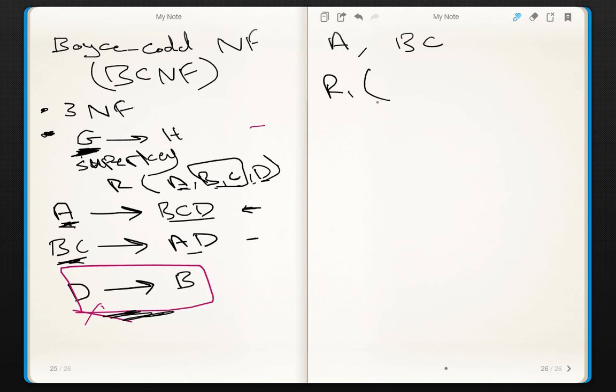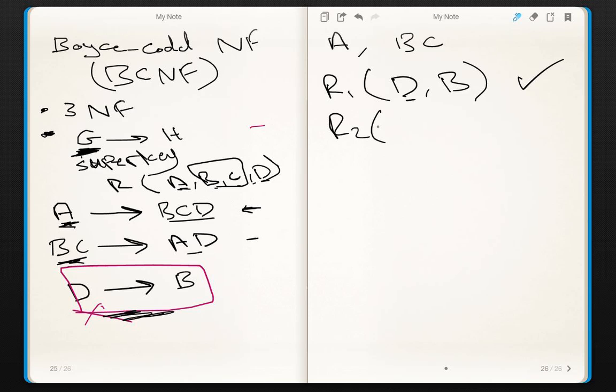Let's call it R1, which has D and B together. Now D is a super key in this table. Okay, so R1 is a table, so this is good. This is what we want, right? So D is a super key in this table, and the rest we put in another table.